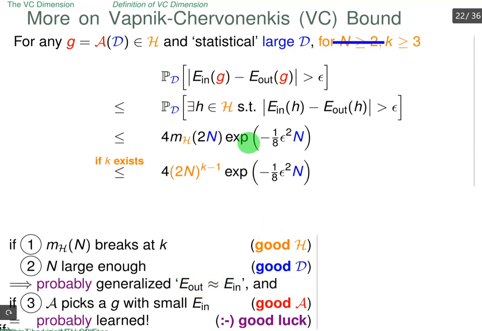And third, if the algorithm picks a g with small in sample error, it's a good algorithm, and we can hope that we probably learned.